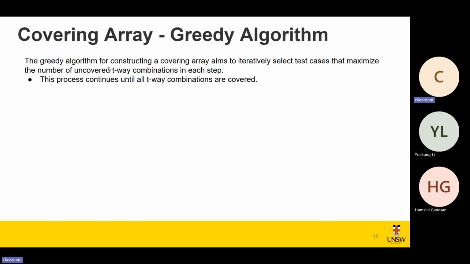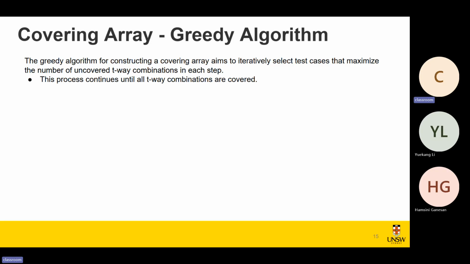The process of the greedy algorithm is to iteratively select test cases that can bring us, based on the current situation, the most number of covered combinations at each step. So at a certain step, we may already have some test cases, and we might have already covered some combinations, right?